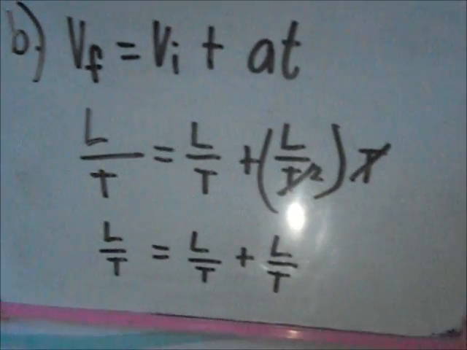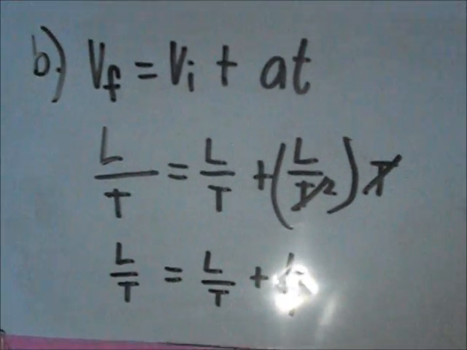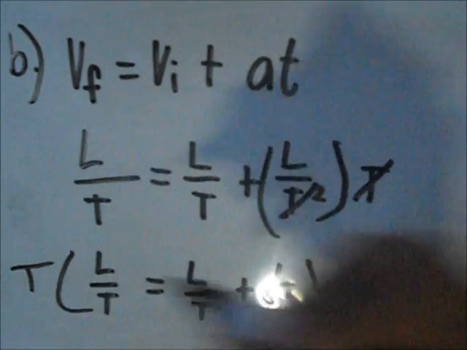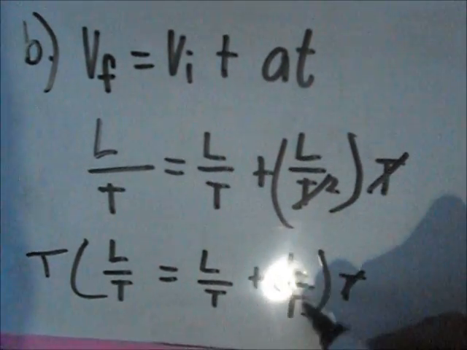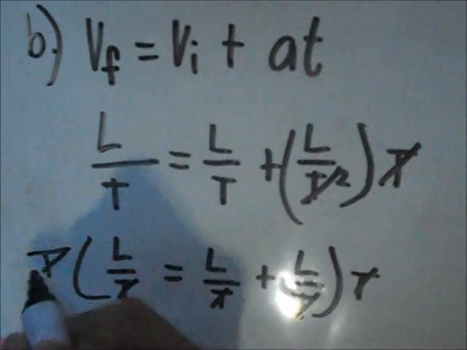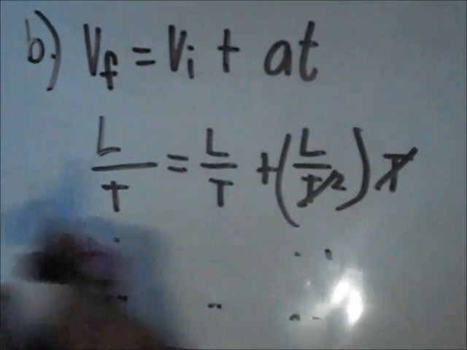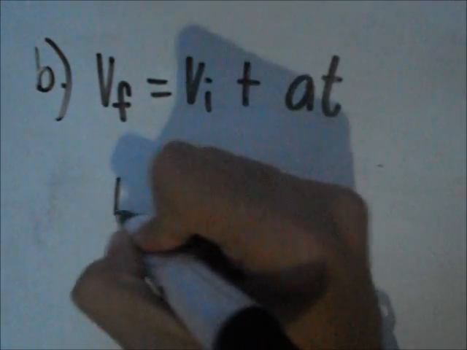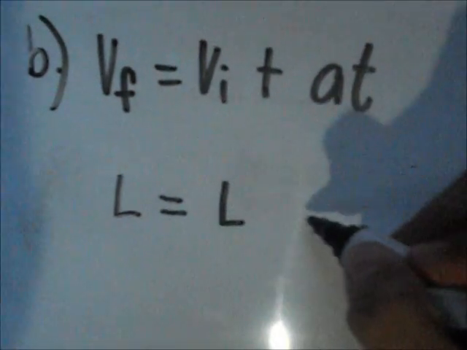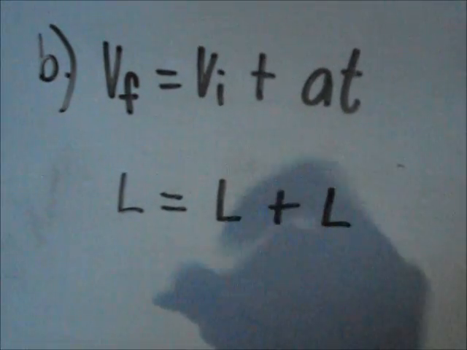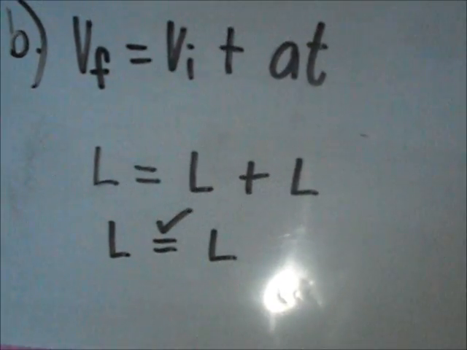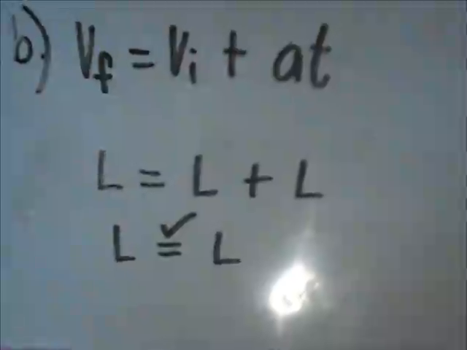As we could see, all the denominators are time. So let's do the cancellation now. So the equation now will be length is equal to length plus length. So length now is equal to length. So as we solve it, we can say it is dimensionally correct.